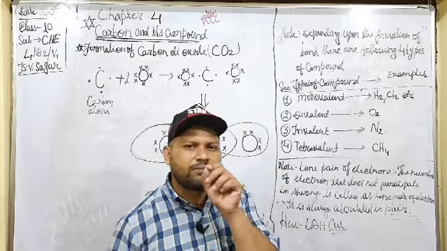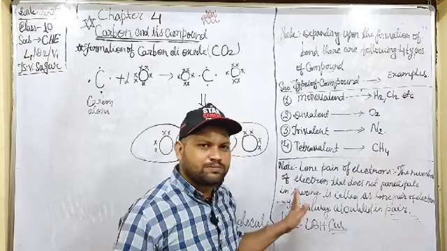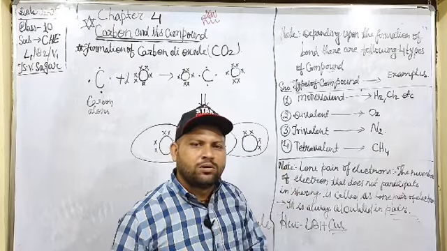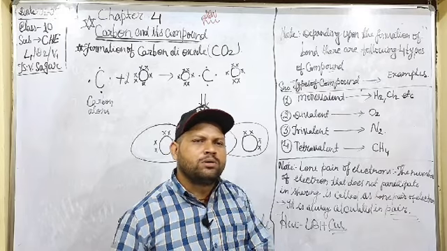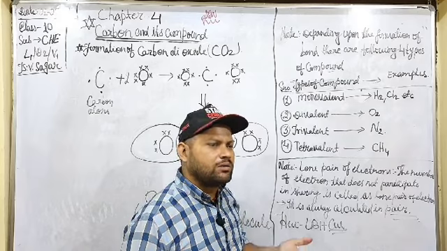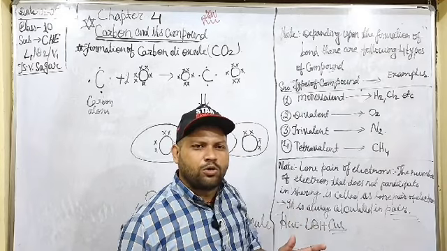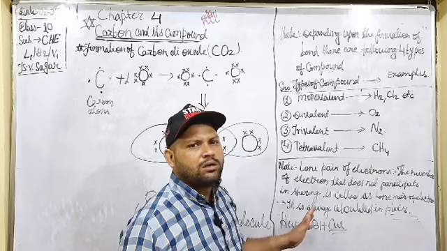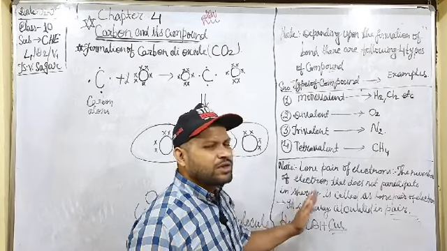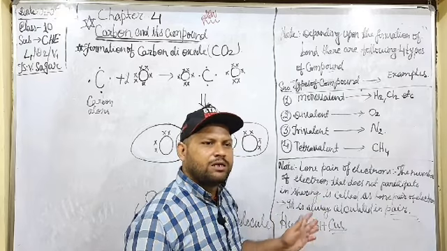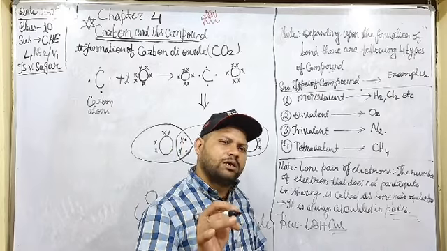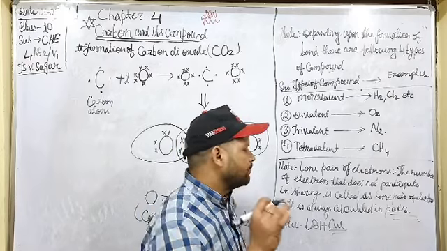And one thing you have to note, this is very special for you: lone pair of electrons. Some electrons are left during the formation of bonds that do not participate in bond formation. They are not included in sharing. So the electrons left out of sharing are known as lone pair electrons, and they are always counted in pairs.